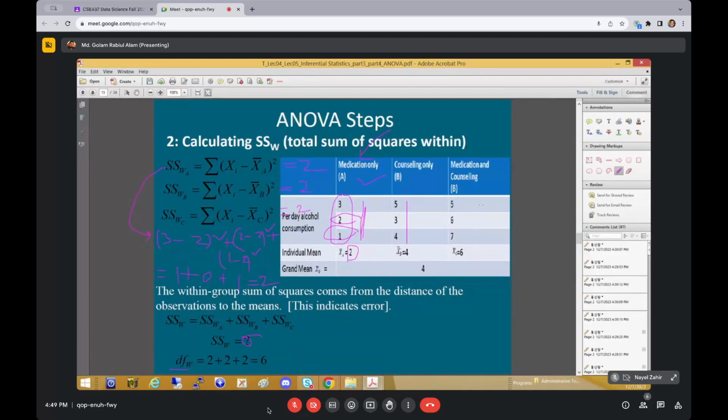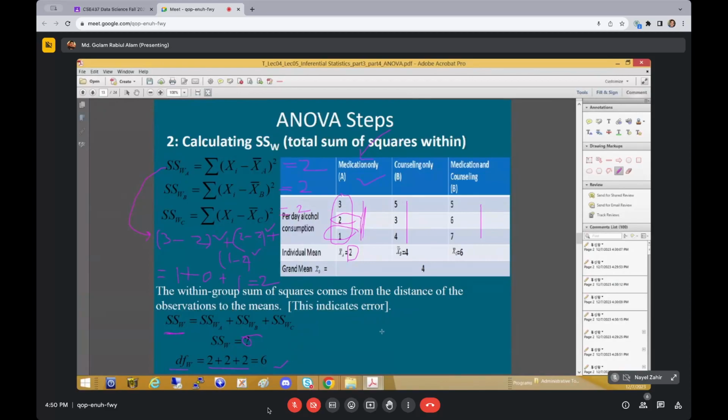And for medication and counseling, you can see n minus 1, that means 2. So 2 plus 2 plus 2, that means 6. So here the degree of freedom is also 6. So the SS within value is 6 and also DF, the degree of freedom, is also 6.